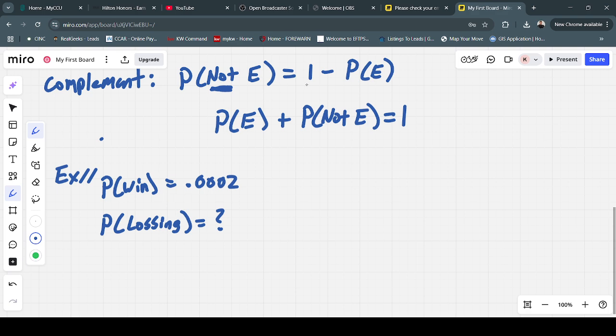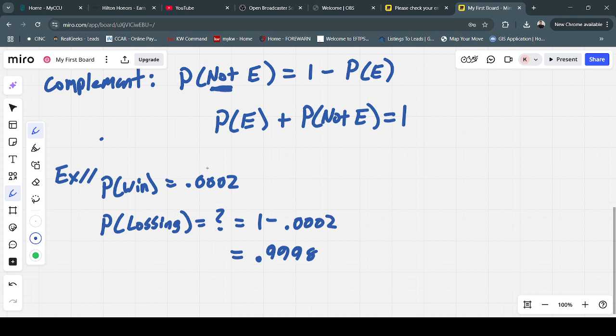So if I take 1 minus 0.0002, that'll give my answer. So it'll be 1 minus 0.0002, and your answer would be 0.9998. People like to think they have a chance, looking at that 0.0002 chance, but in reality, this is the chance of what's really going to happen, right? So that'll be one example of that.